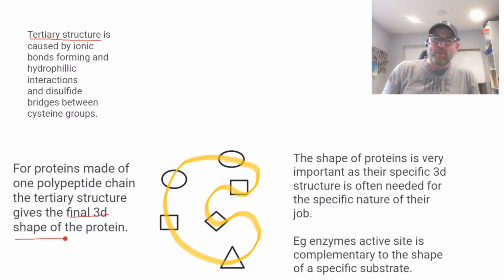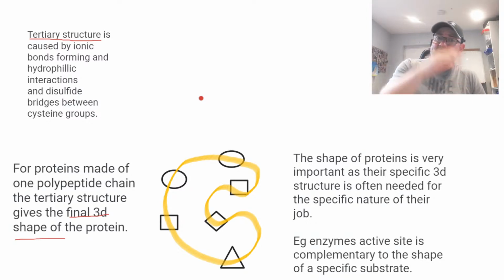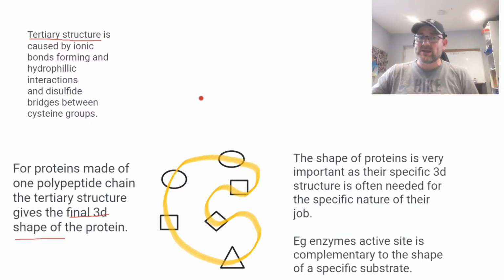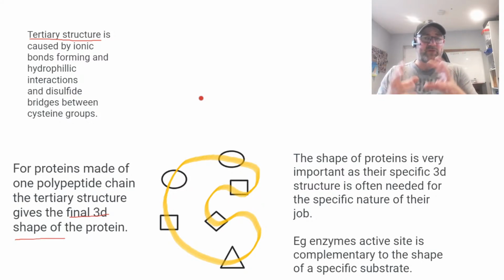Now, what would happen if we changed the original primary structure? If we took one of the amino acids out, that would affect whether it's going to be a beta pleated or an alpha coil, and it also might affect the tertiary structure, the final 3D shape, and mean the enzyme can no longer do its job.